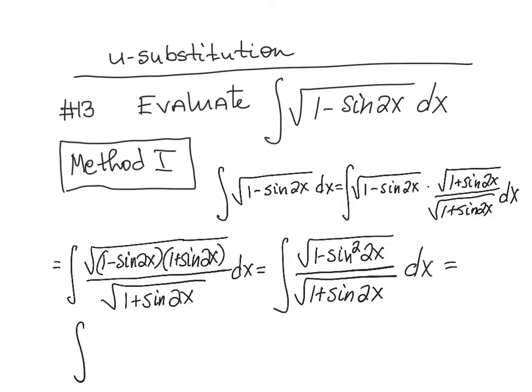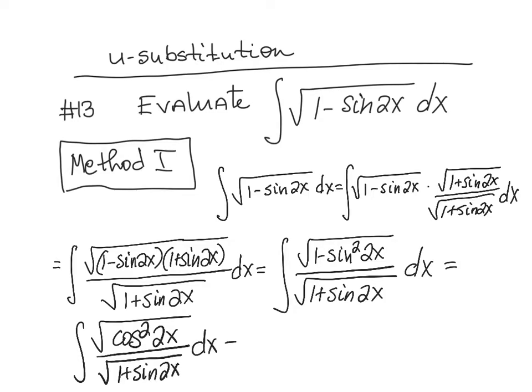Of course, 1 minus sine squared of 2x is cosine squared of 2x, divided by the square root of 1 plus sine of 2x. And we can take the square root of cosine squared of 2x to be cosine of 2x, divided by the square root of 1 plus sine of 2x dx.